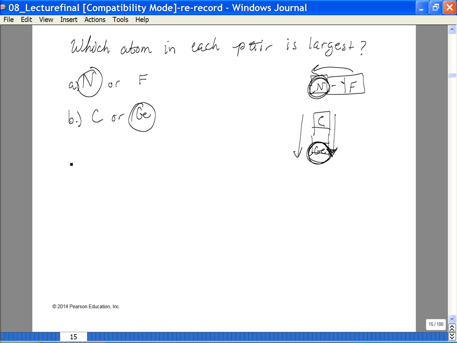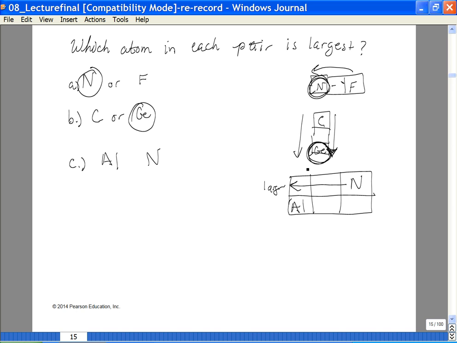So therefore, we can expect for germanium to be larger. Okay. What about aluminum and nitrogen? Well, on the periodic table, going in this direction, we expect this atom to be larger.